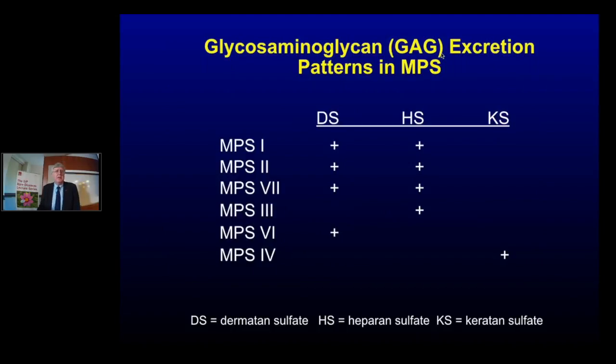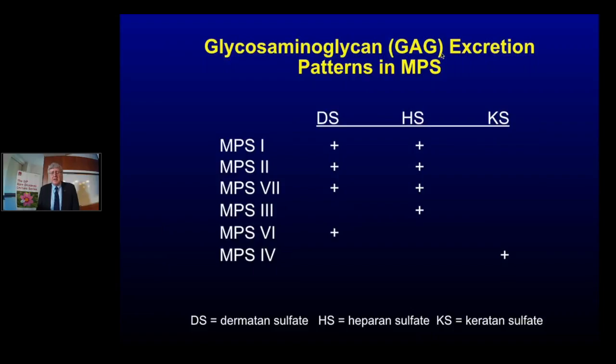Part of it's really due to what's being stored. So different compounds are stored in different MPSs. Dermatan sulfate is primarily located and made in the peripheral or somatic tissues. Heparan sulfate is primarily found in the brain or neurologic tissue, and keratan sulfate is in the bone. So when you just have keratan sulfate, as in Morquio syndrome, MPS IVA, you have primarily a bone disease, whereas in MPS VI, where you only store dermatan sulfate, you have physical disease, but not the neurologic disease you see in some of the others.